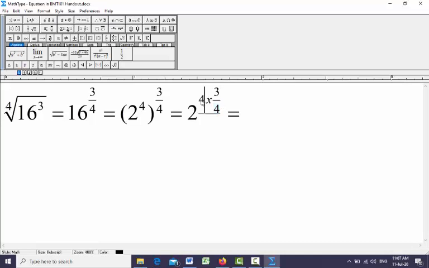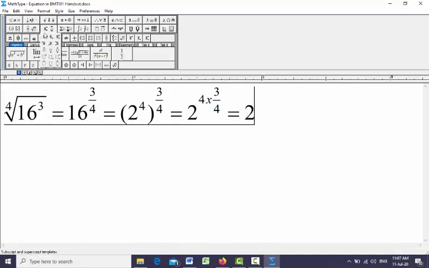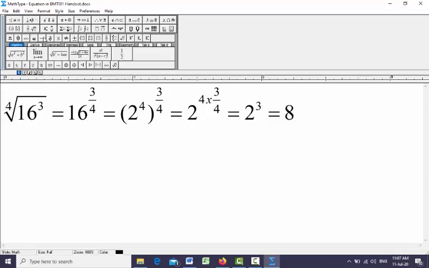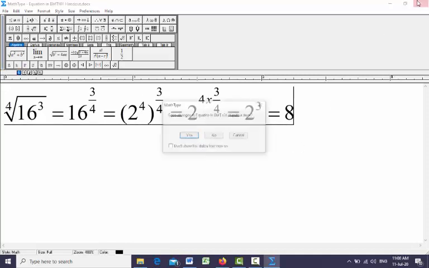These 4 and these 4 will cancel out. We will have only 2 to the power 3, which equals 8. Right. So that's the solution of that question.